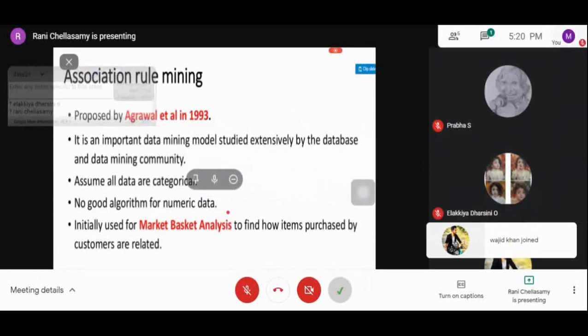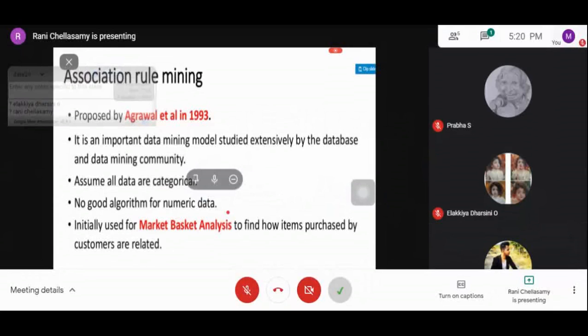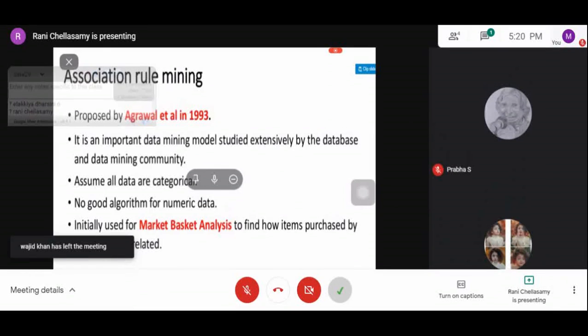Okay, so initially this association rule mining was used for market basket analysis, to find how items purchased by the customers are related. See here, if the customer buys bread, he will also buy milk.